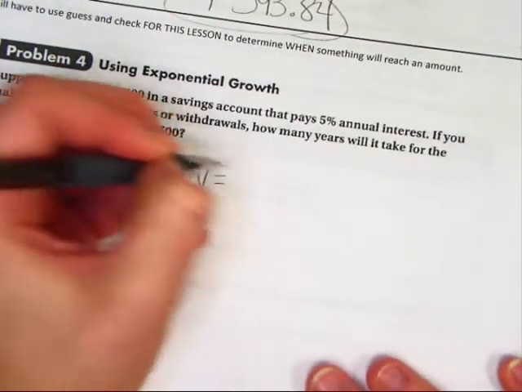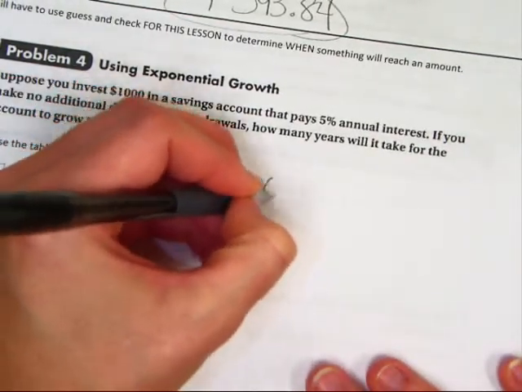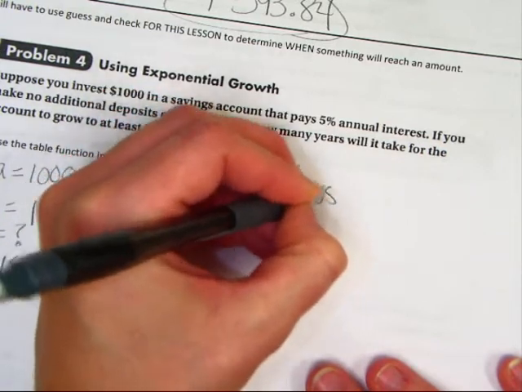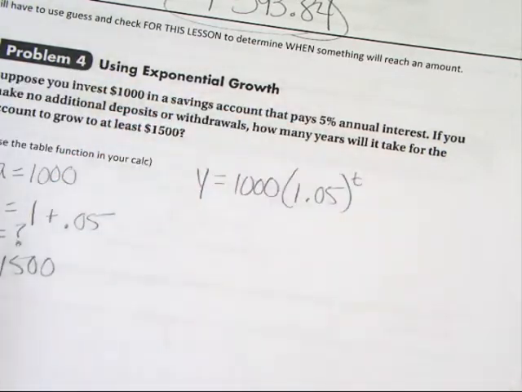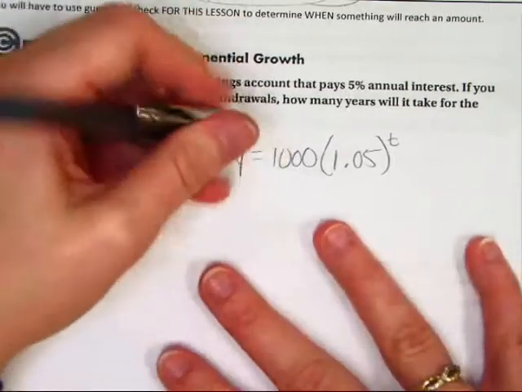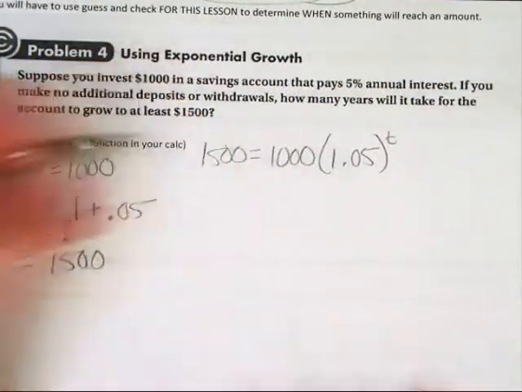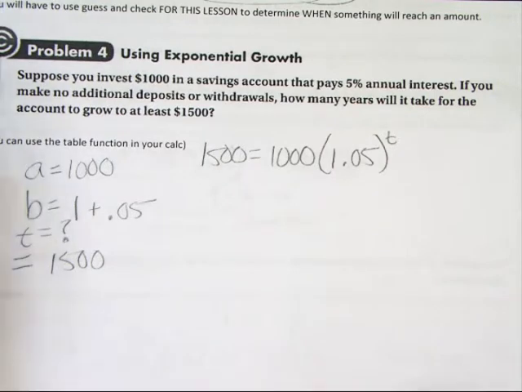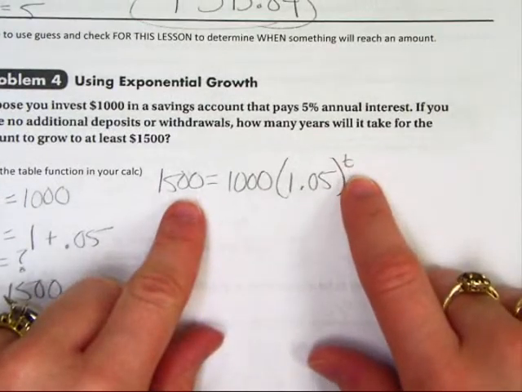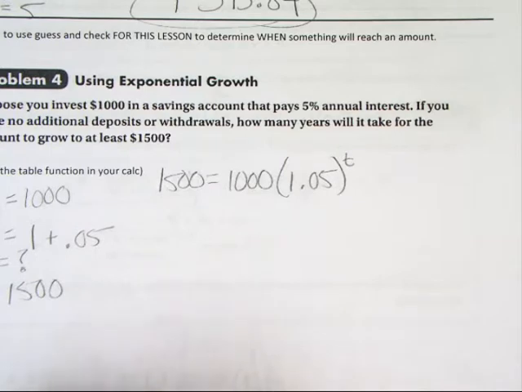Well, let's make our equation. We do y equals our initial amount times 1.05 to the T power. But they told us we want y to be, eventually, $1,500. So they're asking us, what is the T value that will make this true?